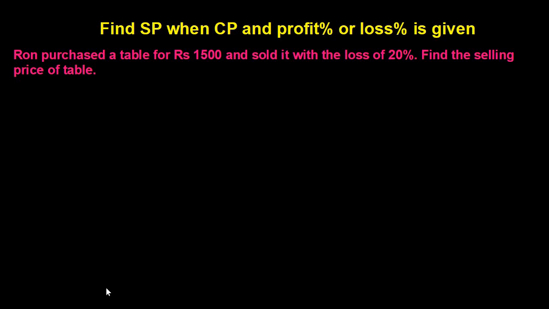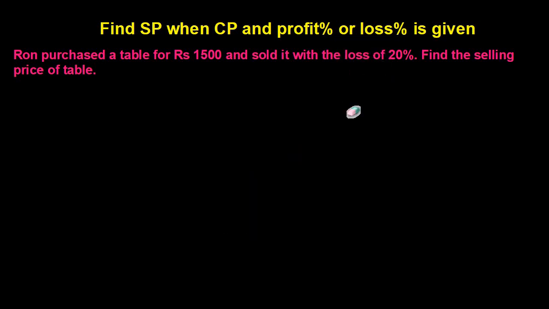Okay, so here he sold it with a loss. That means whatever he has paid to buy that table, he has to sell it for less than that. This is what we say loss is, right? Selling price is lesser than the cost price. That is nothing but loss, right?